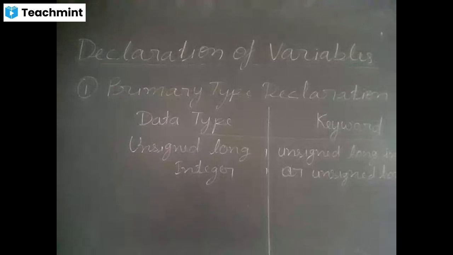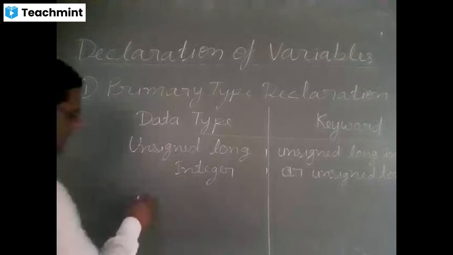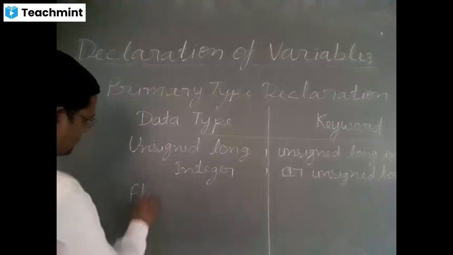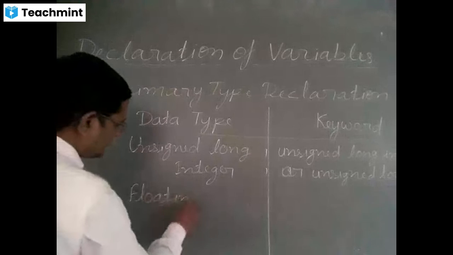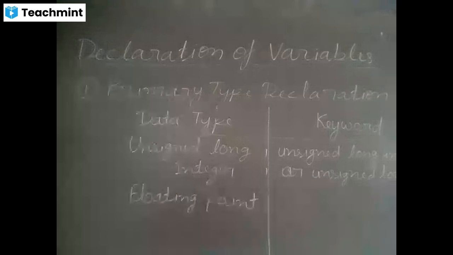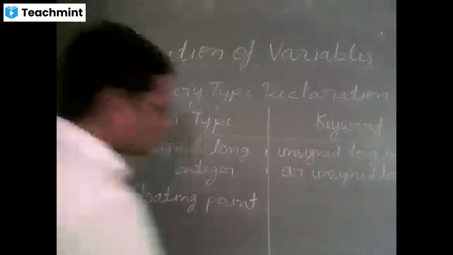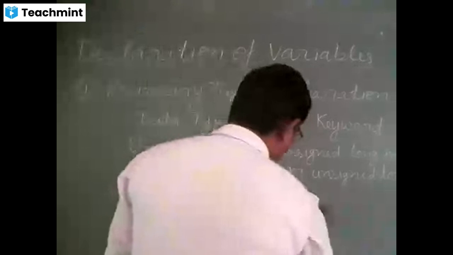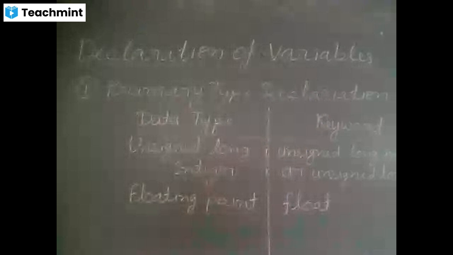Then further, for floating point we use float. For double, we use double.